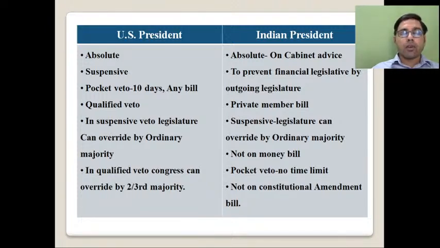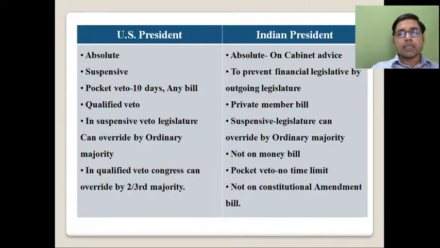Third is pocket veto, which is limited in case of the US President, because whenever any bill is presented before the president, within 10 days he has to give his intent, yes, no, or whatever he wants to say. So generally in case of the US, pocket veto is limited only to a period of 10 days.